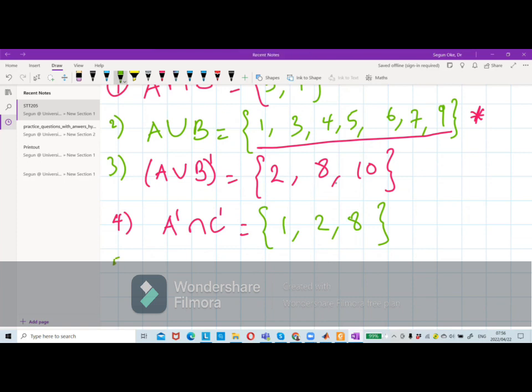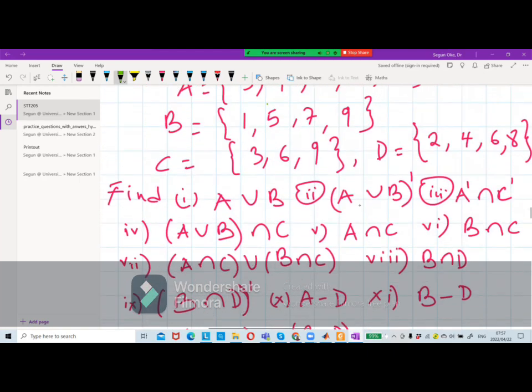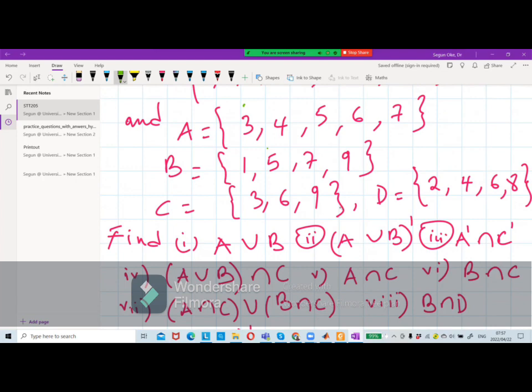So number 5, or any number you call it, A union B, then intersection C. A union B intersection C. So let's go there. What is A union B? A union B is number 2, don't forget. Now intersect it with C. Go to set C. So set C is here. What are the things in common?